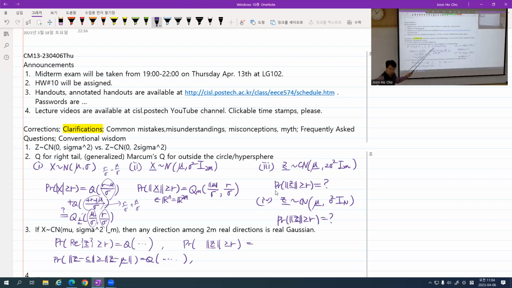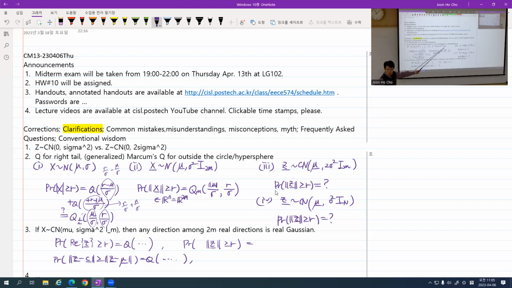Now, let's remember the real Gaussian random vector case, where the mean is in general a non-zero vector, but each element of this length 2m real random vector has variance sigma square. In that case, if m equals 1, we use Marcum's Q function.